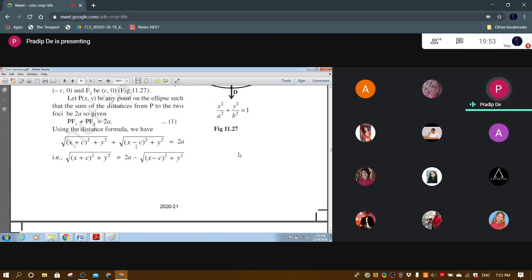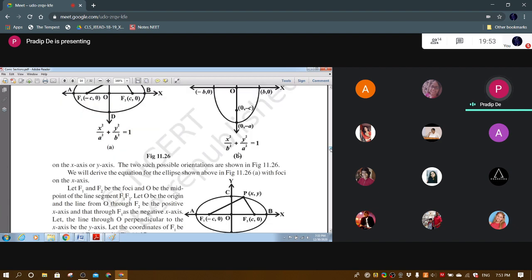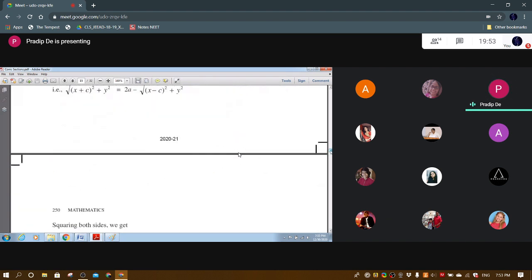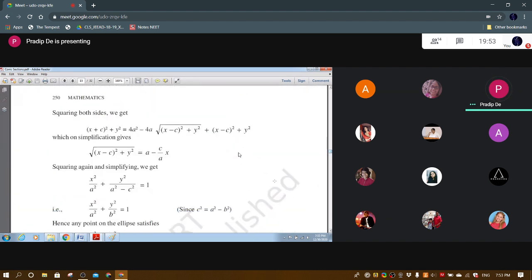Take one root on the other side and square both sides and simplify it. Remove the square root, and at the end you'll get the equation. This will take the form x square upon a square plus y square upon a square minus c square is equal to 1. Now, because we know that a square minus c square is equal to b square, this is the equation: x square upon a square plus y square upon b square is equal to 1. Not difficult to prove at all.